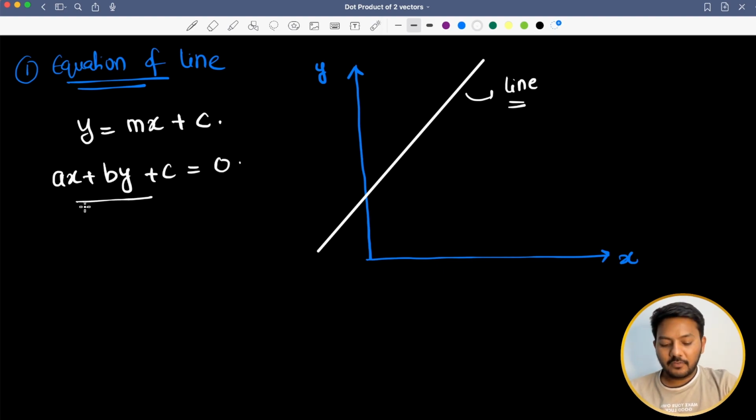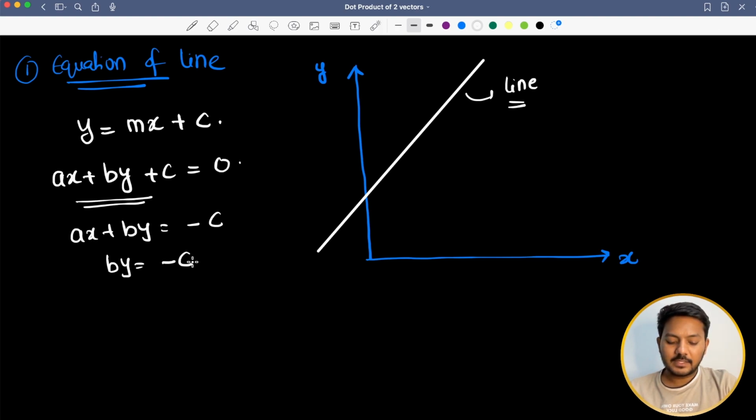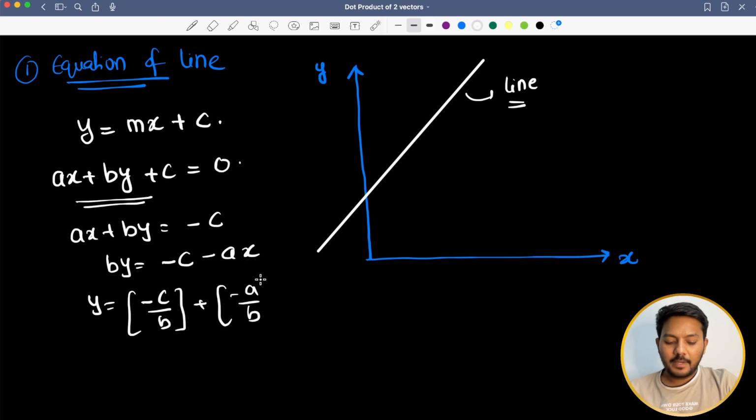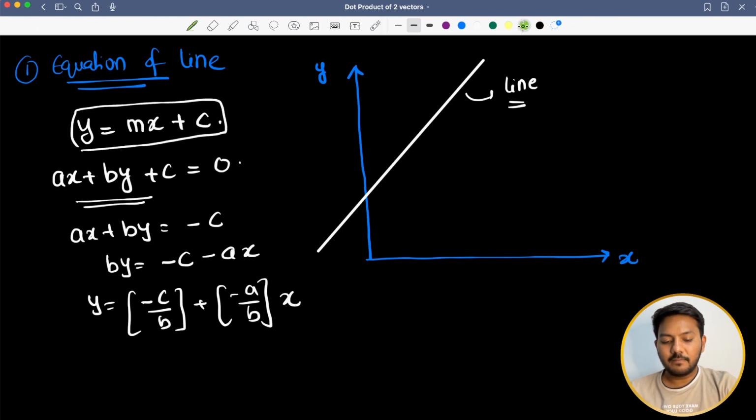If I convert this, ax plus by equal to minus c, by equal to minus c minus ax, and y equal to minus c by b plus minus a by b into x. If I generalize this with the equation y equal to mx plus c, minus c by b is my c component and minus a by b is my m component.